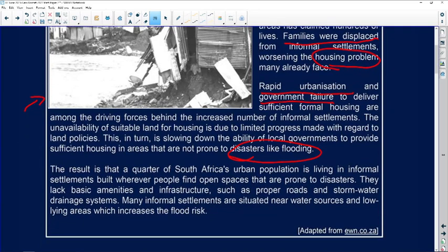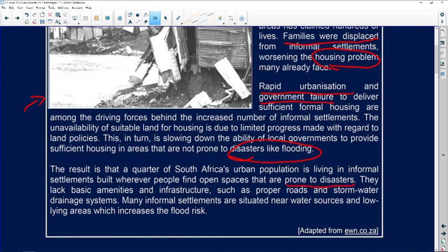Now, a scary statistic that's being mentioned over here, the result is that a quarter of South Africa's urban population lives in informal settlements. Once again, they are prone to disasters like this.